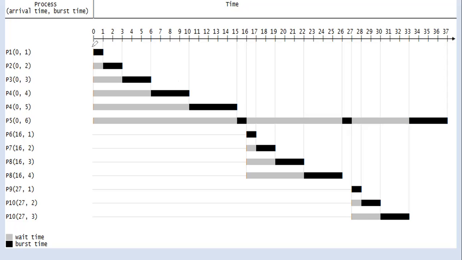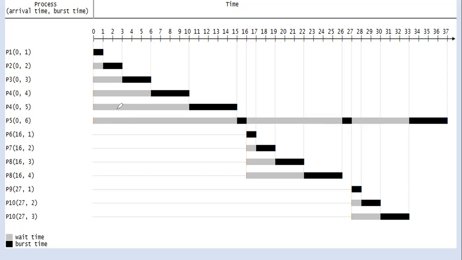In this diagram, note that we always indicate the time of arrival of each process. So these are the times of arrival. And then we change the burst time, or the time when the CPU is processing or attending to a process, with a different shade, different from the time for waiting.